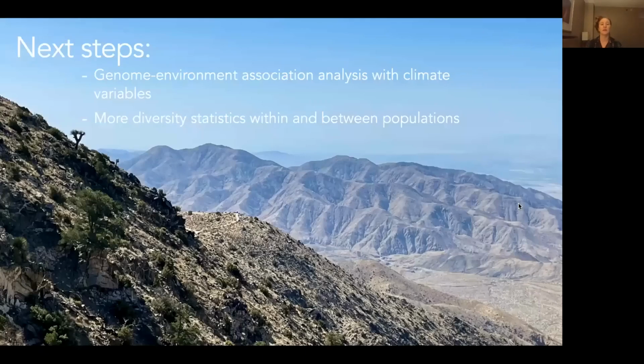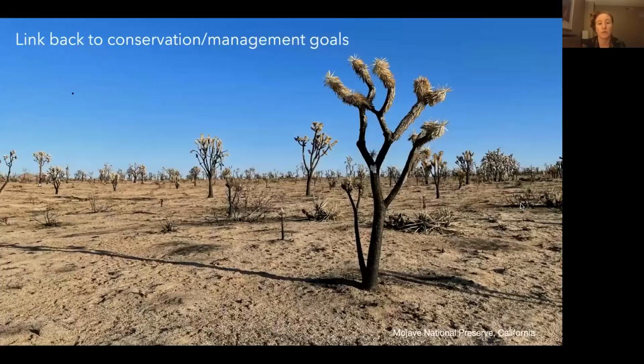So next steps are to obviously proceed with the genotype association analyses and see what those climate variables look to be related to, do more specific diversity statistics both within and among populations, and then we will move ahead and try to link all of those results back to the original bigger questions about what types of local adaptation we're seeing in Joshua trees, what regions of the genome are involved in that, and use that to help guide restoration and management goals.